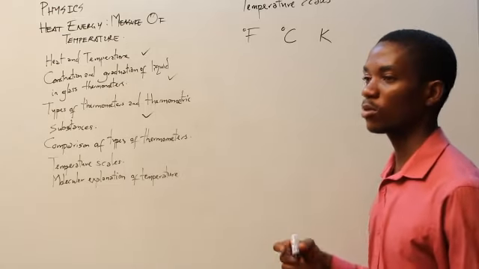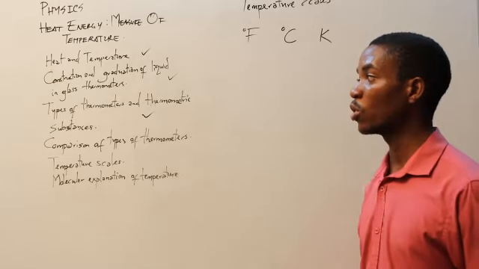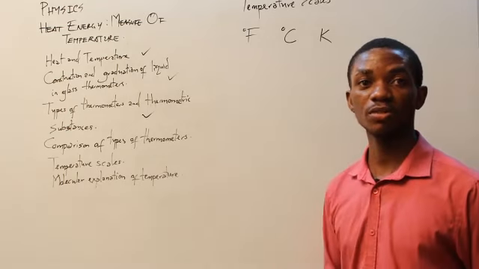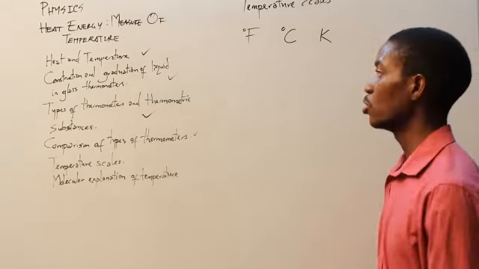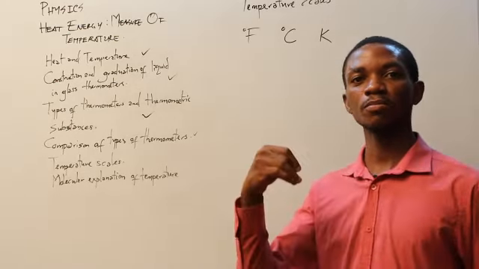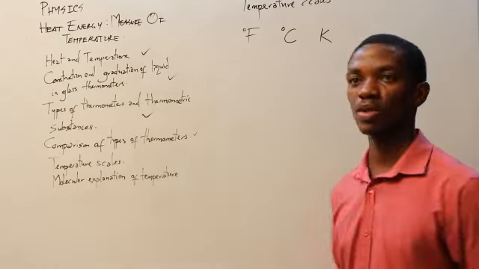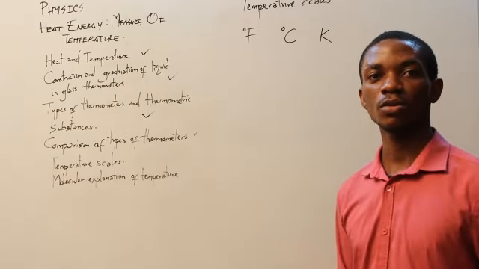The first thing to note: when talking about the construction and graduation of thermometers, I made mention of the fact that you have to consider the fixed points. I said the fixed points are the boiling point and the melting point of water. Yes, we use water because that is a generally available liquid.